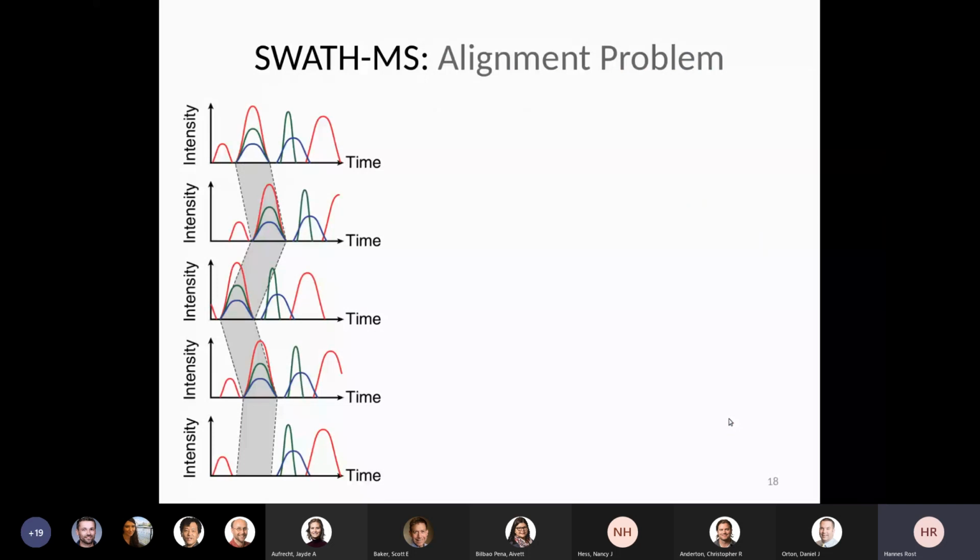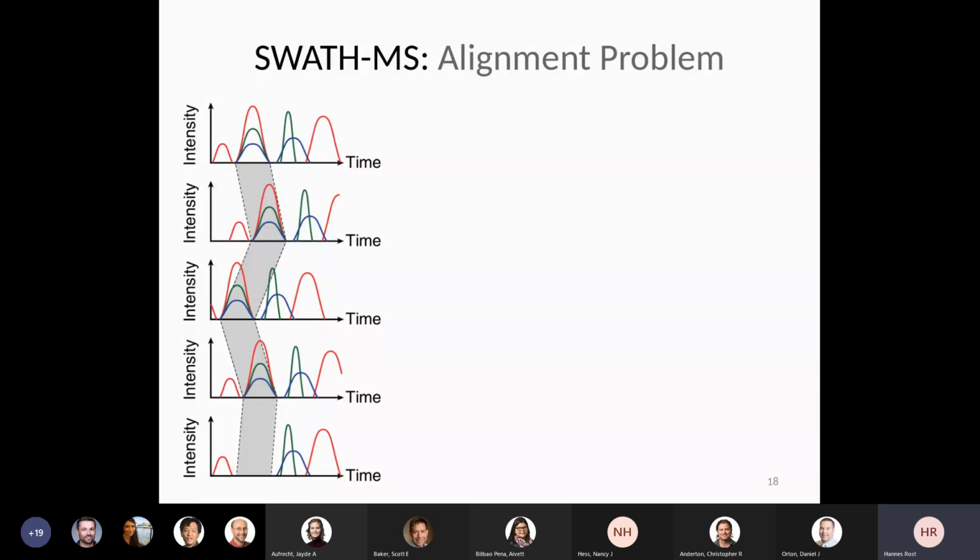Now, with this, we have addressed the problem of reproducibility of a single run and reproducibility of the data acquisition part. And what we actually realized was that now the major source of variation was the retention time.